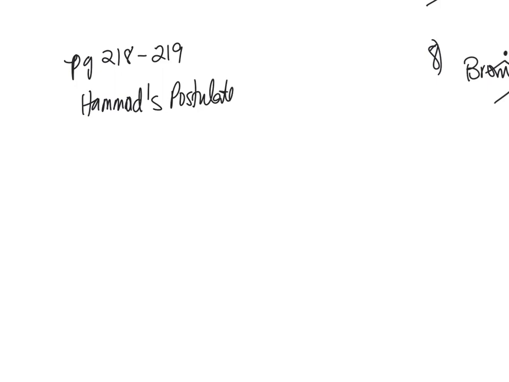It is on pages 218 and 219 in your textbook, and it's called Hammond's postulate. So what is Hammond's postulate? Related species that are closer in energy are also closer in structure. The structure of a transition state resembles the structure of the closest stable species.